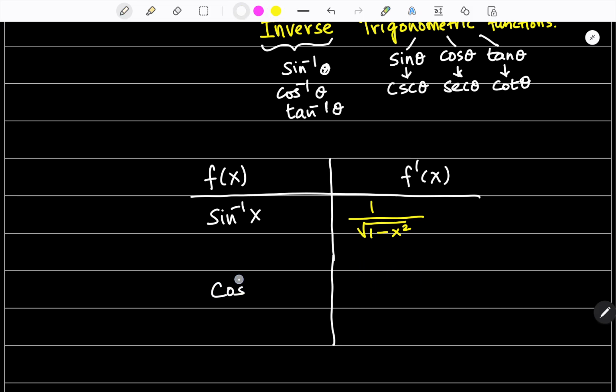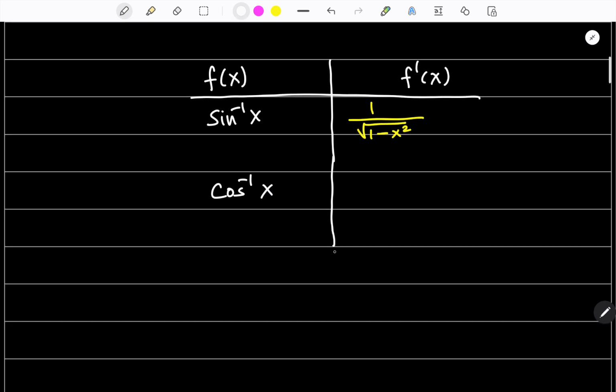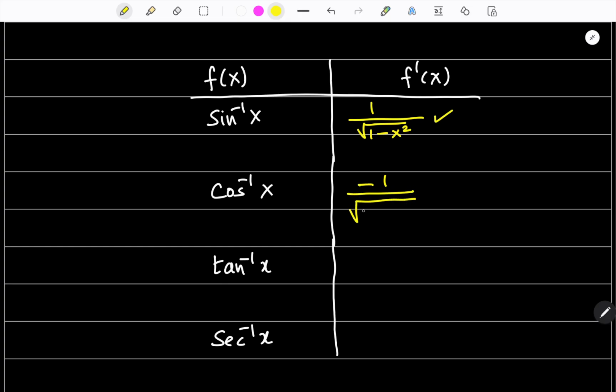Tan inverse x is 1 divided by 1 plus x square. And secant inverse x is 1 divided by x times square root of x square minus 1.